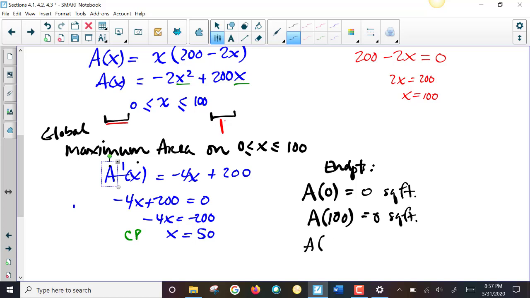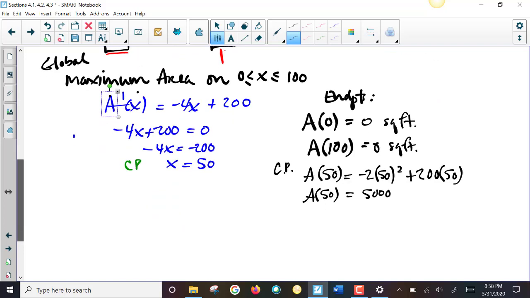Okay, so what if I plug in 50, the critical point? I have negative 2 times 50 squared plus 200 times 50, which is going to be 5,000 if we do the math. So what's that tell me then?